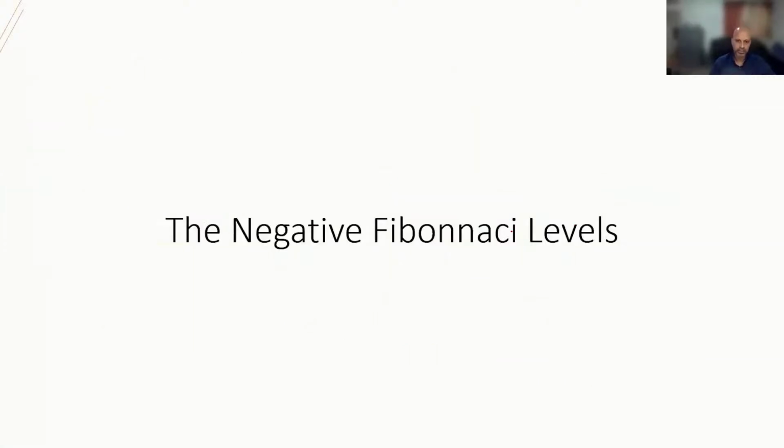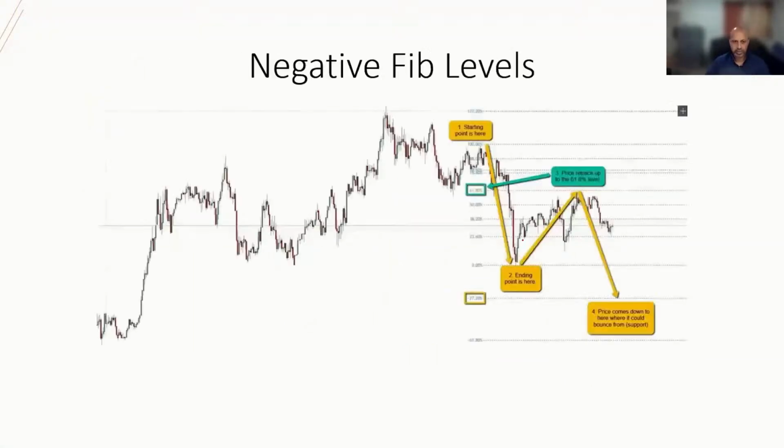The negative Fibonacci levels are also known as expansion levels. The key negative Fibonacci levels are negative 27.2% and negative 61.8%. You may come across the term Fibonacci expansion or expansion levels, so do not be confused.